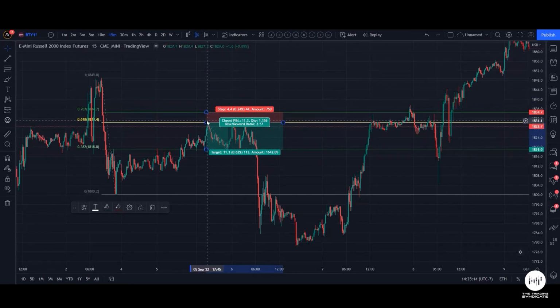Between 0.618, 0.382, and 0.707, you'll have around a risk to reward ratio of 2.57-ish between these levels. And that's just because these proportions are going to be consistent. And since proportions are always proportional to a move, the risk to reward ratio will always be around this 2.57 right here.